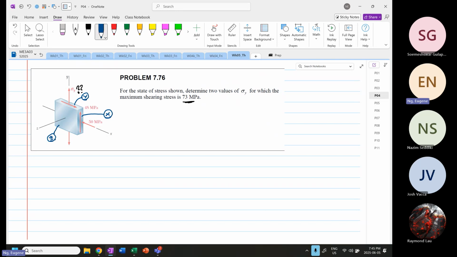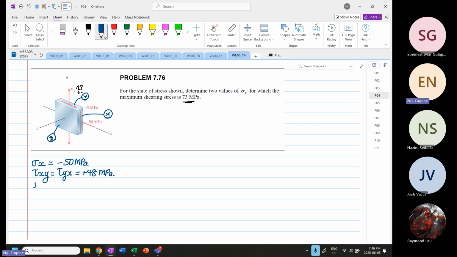So what are the values that we are very sure of? We are very sure that stress X is equal to minus 50 megapascal. And shear XY is equal to shear YX, and this is equal to positive 48 megapascal.